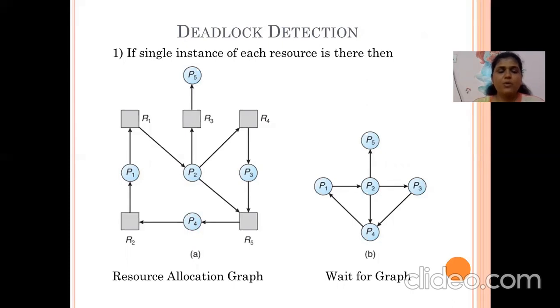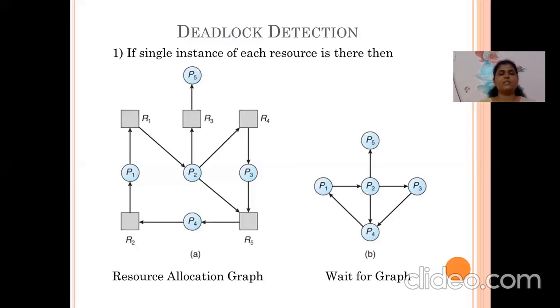Now we know that the resource allocation graph is used for representing how the processes are requesting and occupying the resources. Now, how do we detect whether there is a deadlock in the system? That we will detect with the help of the resource allocation graph.